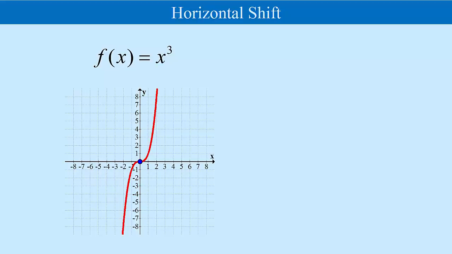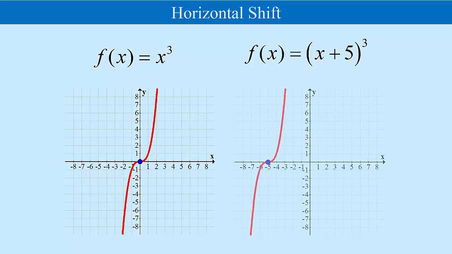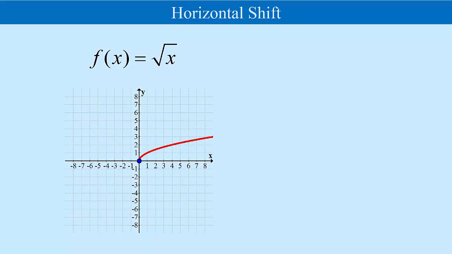Here's the graph of x cubed. Here the x plus 5 is cubed. It's going to be the same graph as x cubed, but shifted. Do you see which direction? The key here is what is added or subtracted from the x and which direction does it go. But notice in all of these examples they all shifted either right or left.